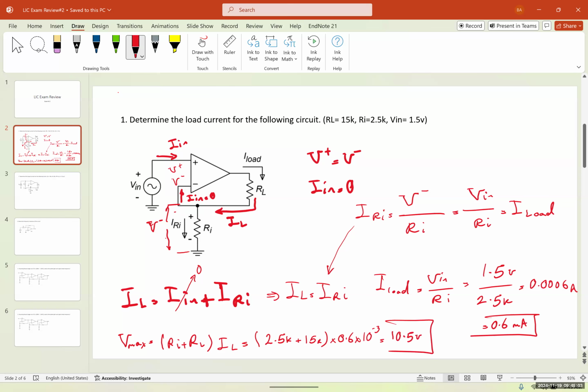The maximum output voltage would be 10.5 volts. So 0.6 milliamps, 10.5 volts.